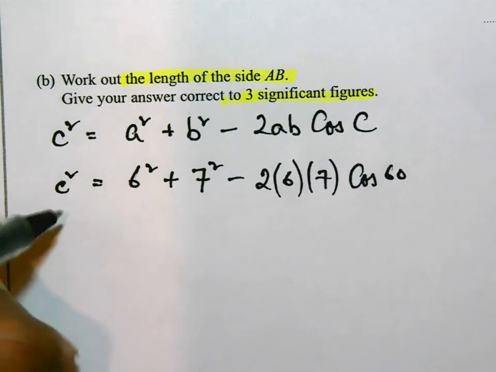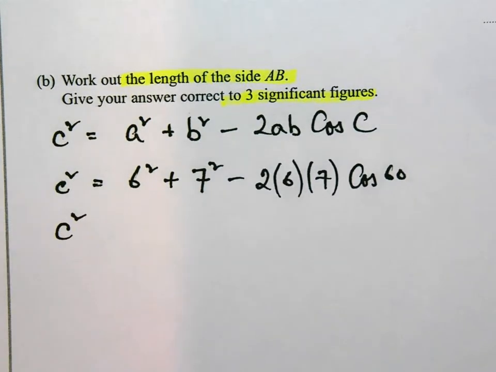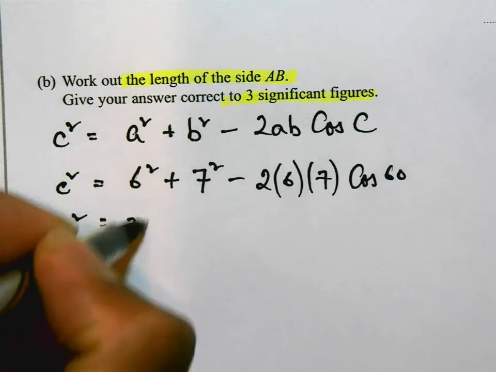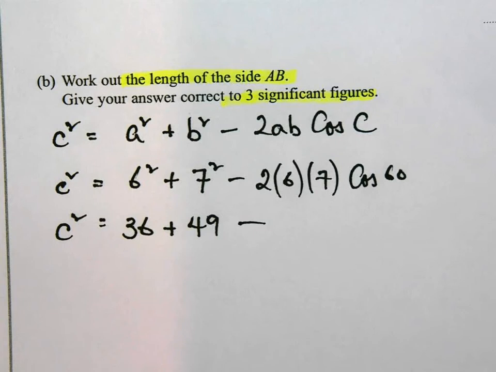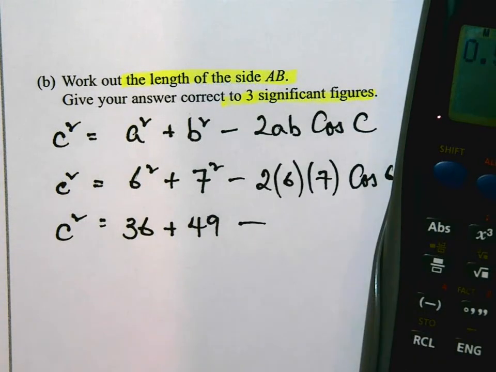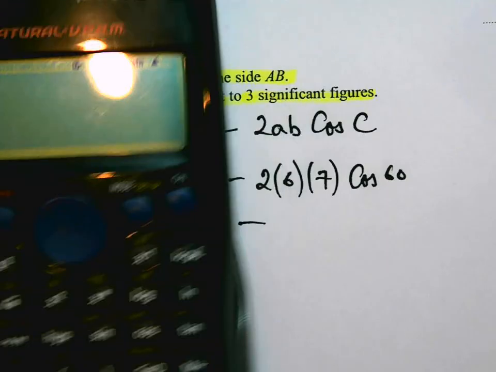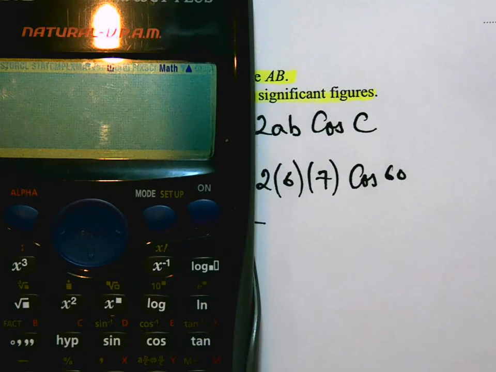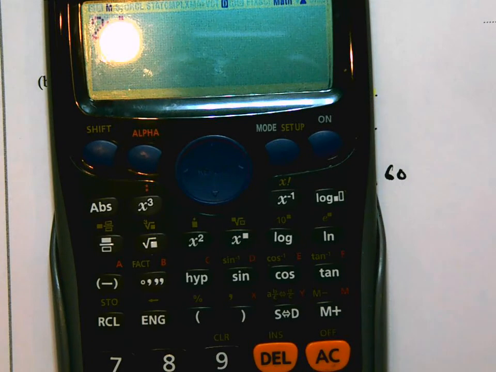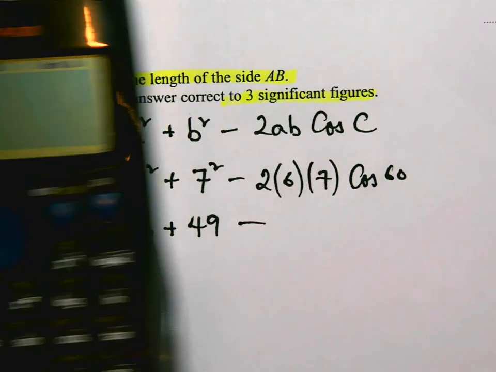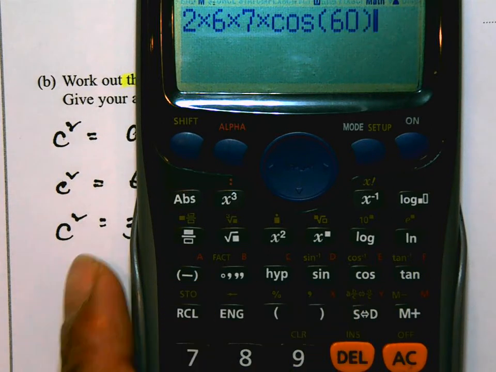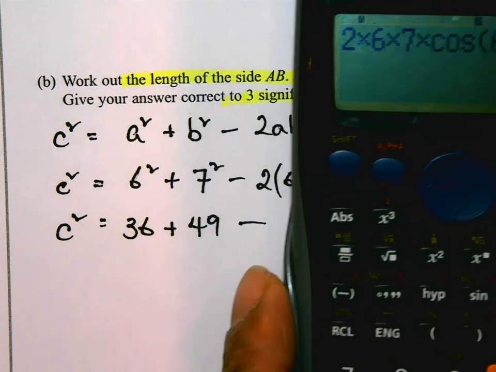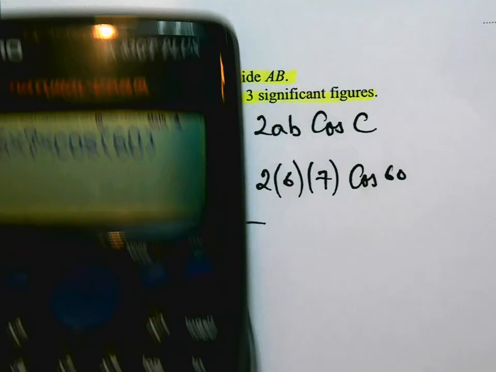So this is going to be 6 squared, which is 36, plus 7 squared, which is 49, minus, now I'm going to work all of that out on the calculator. So 2 times 6 times 7, times cos 60, and make sure the brackets are closed. What I've just worked out is that bit there.